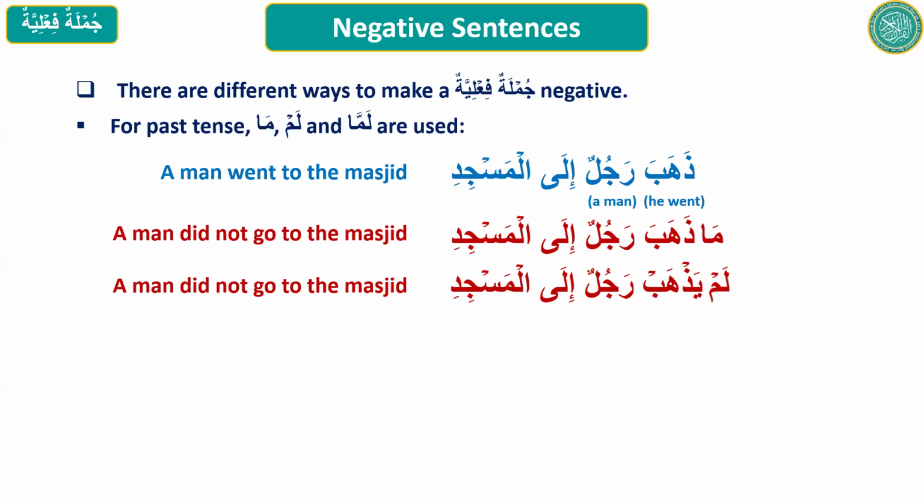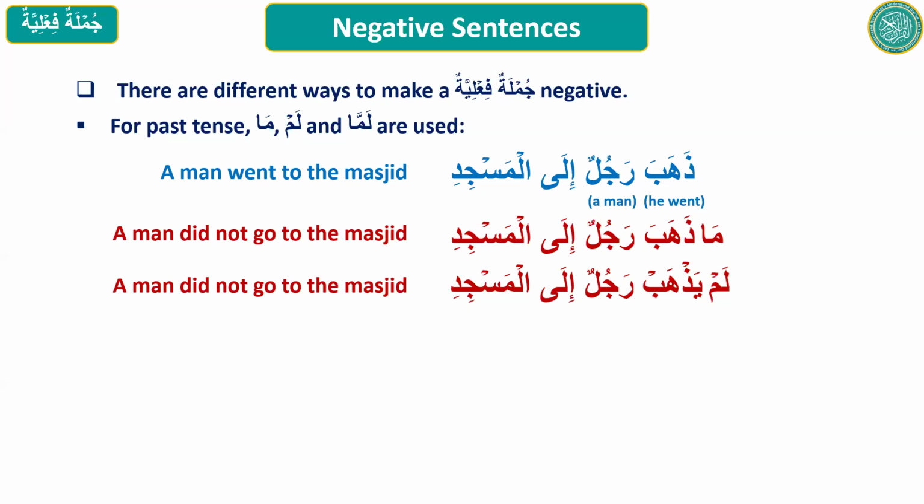So lam does two things. Number one, it always comes with al-fi'lul mudari. Always. And it replaces the last letter with a jazm, a sukoon. Alright, yazhabu became yazhab.